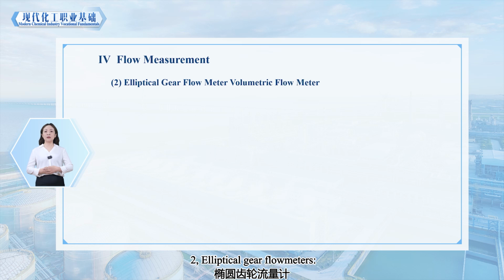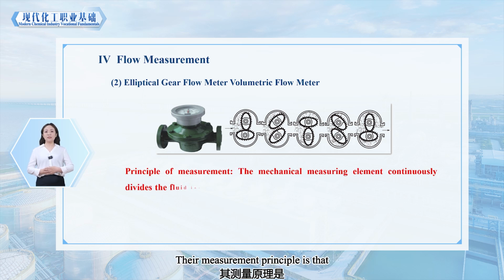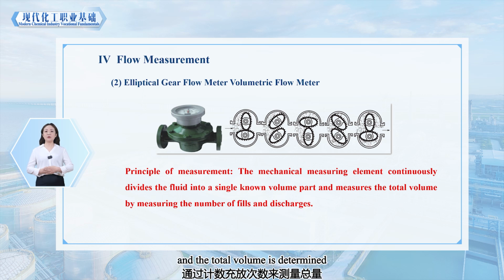2. Elliptical gear flowmeters. They are a type of volumetric flowmeter. Their measurement principle is that a mechanical measuring element continuously divides the fluid into discrete portions of known volume, and the total volume is determined by counting the number of filling and emptying cycles.